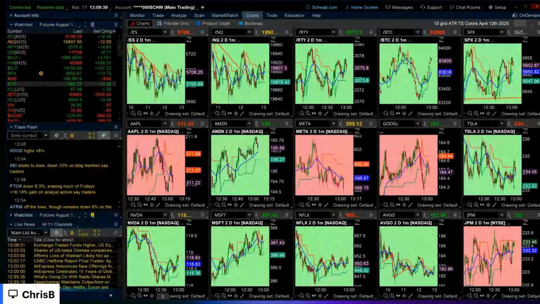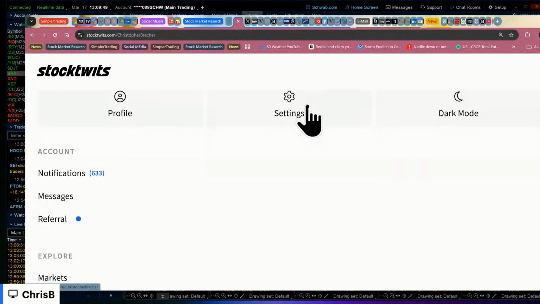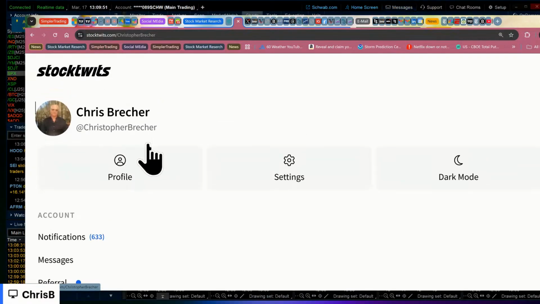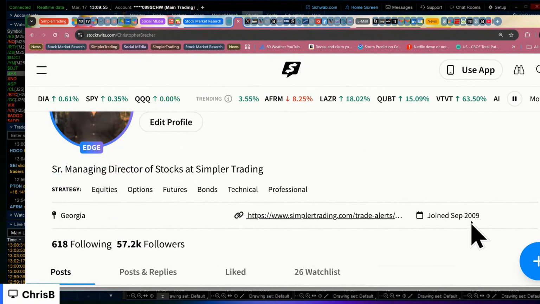Number two, when I talk about StockTwits, by the way, and I think you know if you've been following me on StockTwits, because if you go to my profile, look when I started. I don't know if it shows on here. Let's see. September 2009, almost when they started the site. Just keep that in mind.